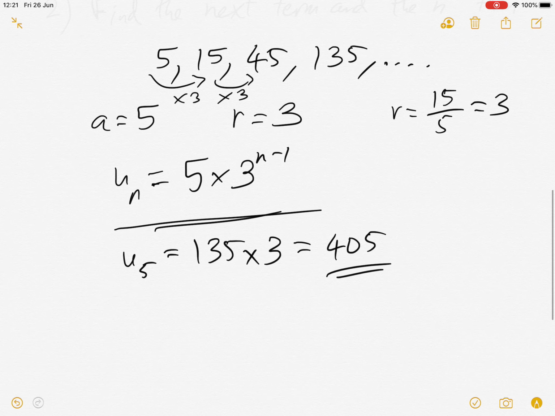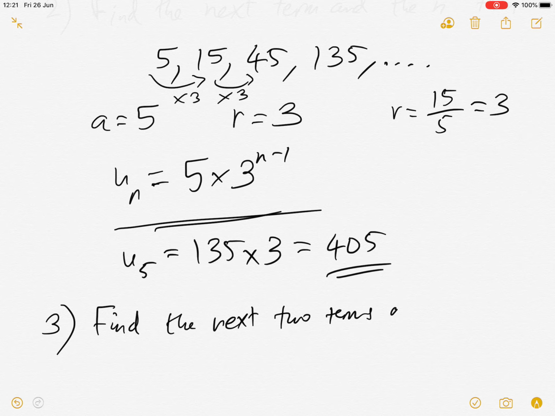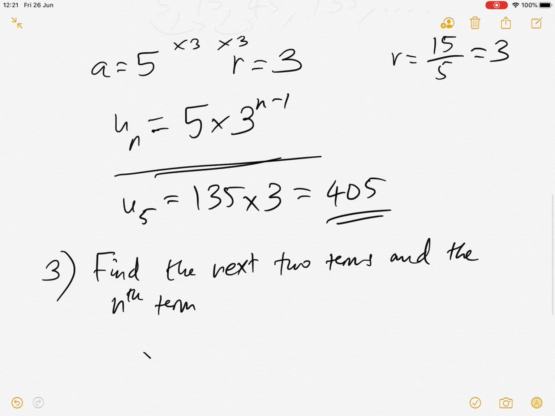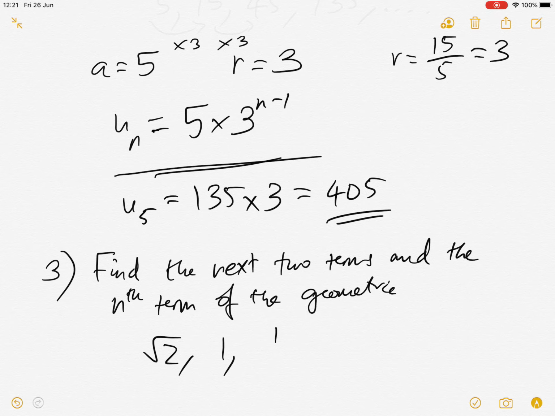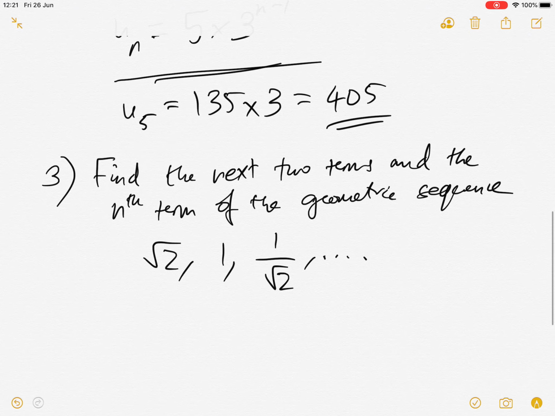Okay, example 3. So now we want to find the next two terms and the nth term of the geometric sequence root 2, 1, 1 over root 2. So here we can see each time we're dividing by root 2 or multiplying by 1 over root 2, which is the same thing.